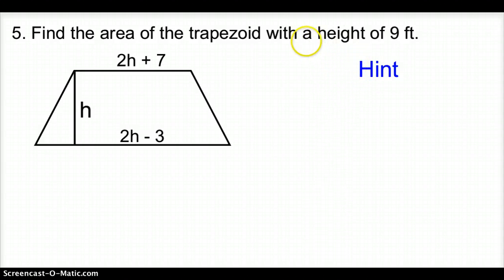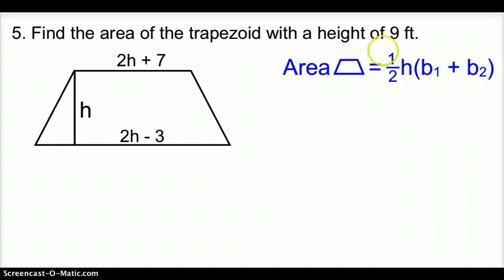We are asked to find the area of a trapezoid with a height of 9 feet. So the first thing that we have to do is actually know the formula for the area of a trapezoid. So the area of a trapezoid is 1/2 the height times base 1 plus base 2. Now what I'm going to do, I'm going to plug everything in just here and here into my formula.